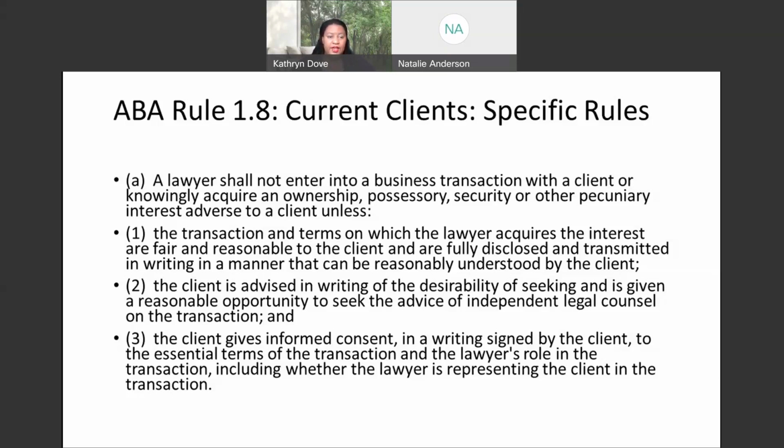The client is advised in writing of the desirability of seeking independent legal counsel. The client gives informed consent in writing to the essential terms of the transaction and the lawyer's role in the transaction, including whether the lawyer is indeed representing the client in the transaction.